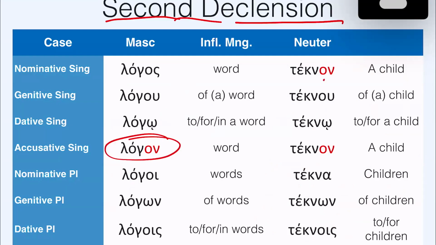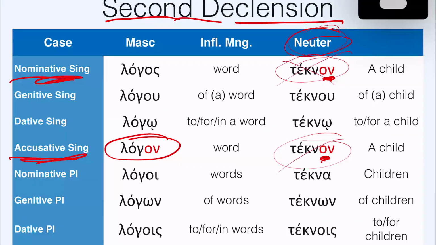Now, we also have an on here and here. But how do I know that it's not a neuter nominative or a neuter accusative? How do I know that it can't be these? Because I know that the lexical form of anthropos is anthropos, and it's got the ho article.